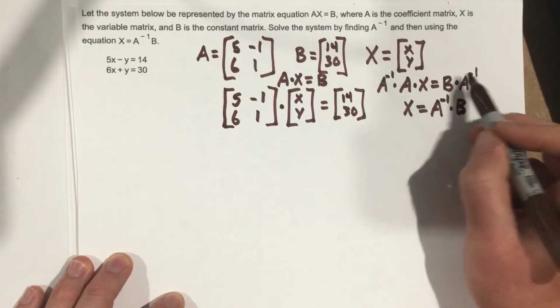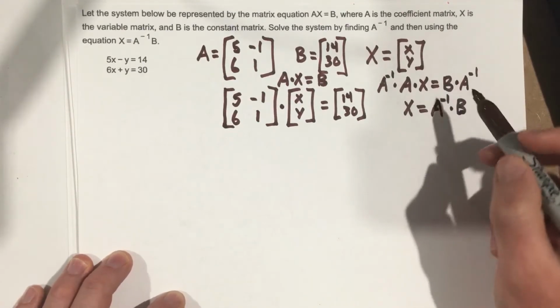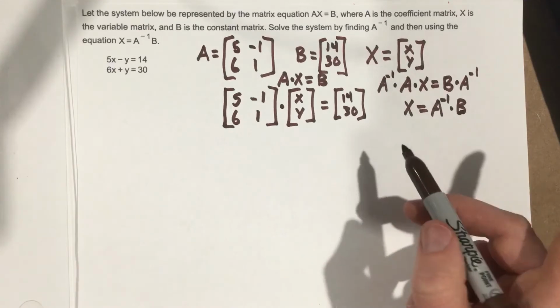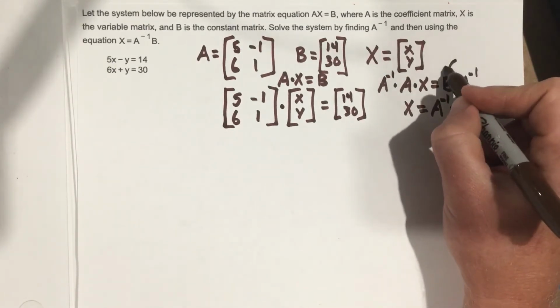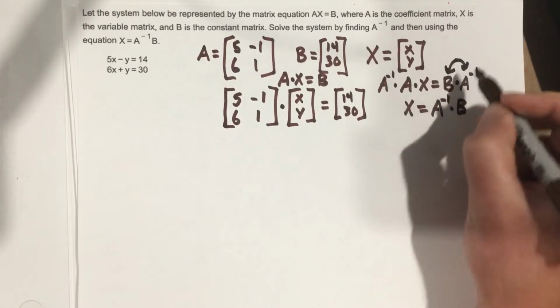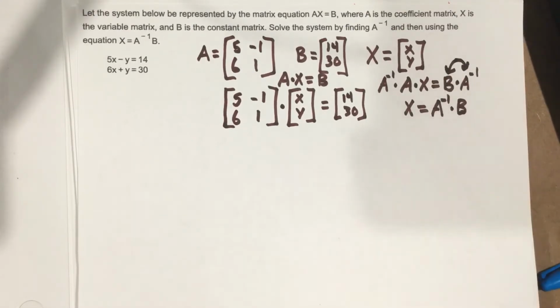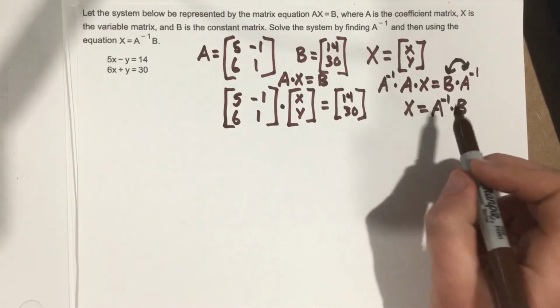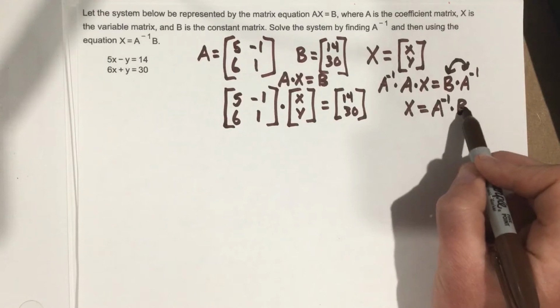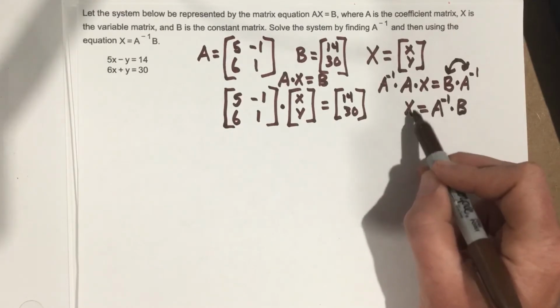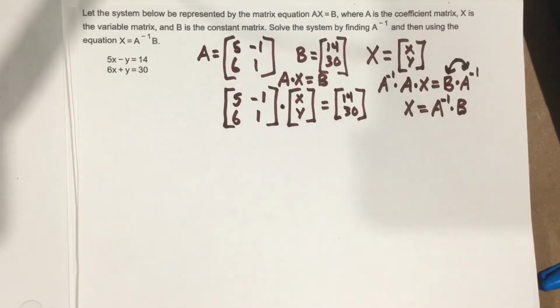Technically, I should have wrote that on the left side because we don't always know that matrices are commutative, right? They're not always commutative. So I should actually have had that flipped around there. A inverse times B like it is there. So that was my bad. But that's what we're going for. If we do the inverse times the constant matrix, we're going to get what our X values are. We're going to solve the equation.